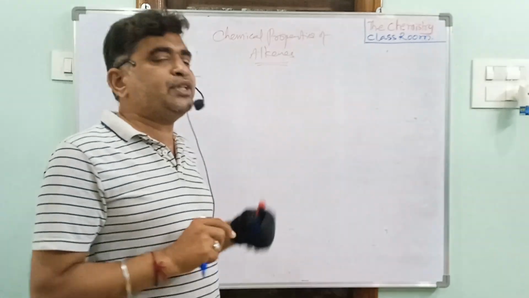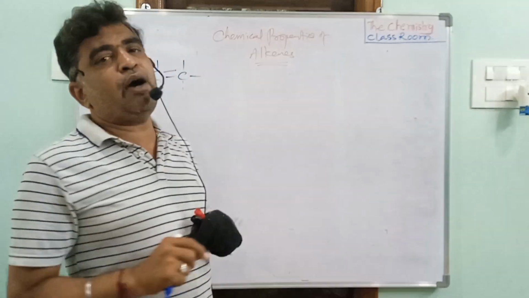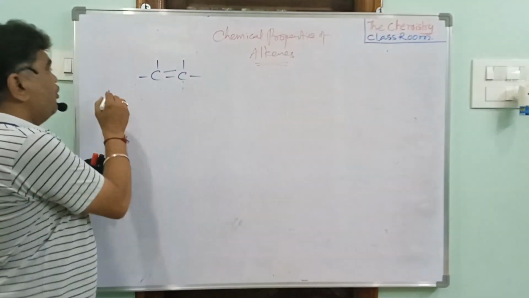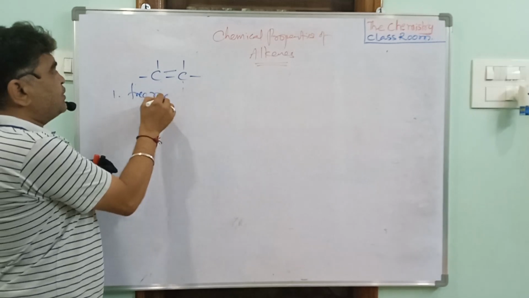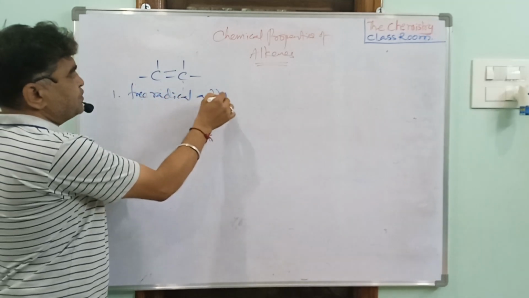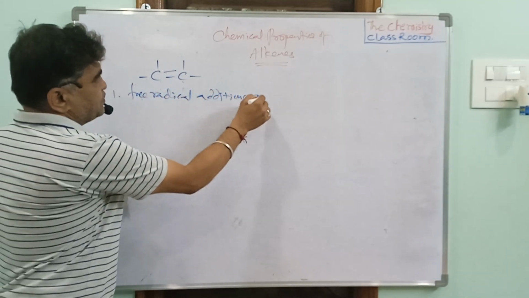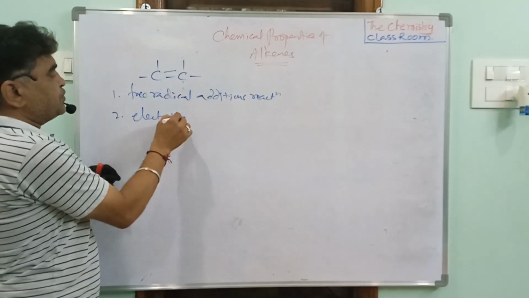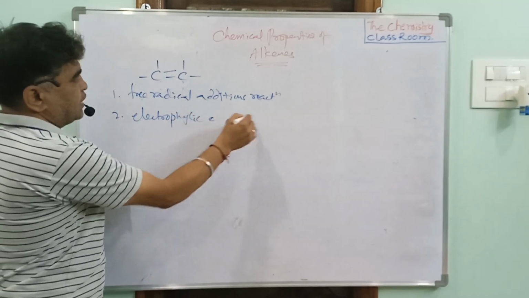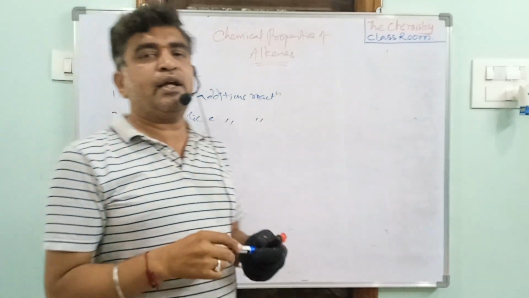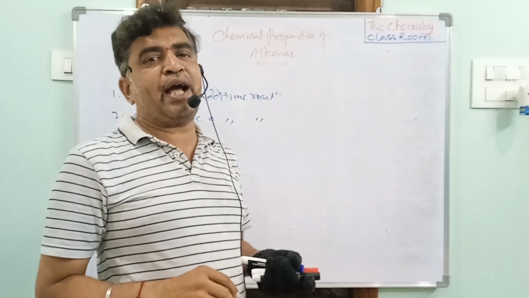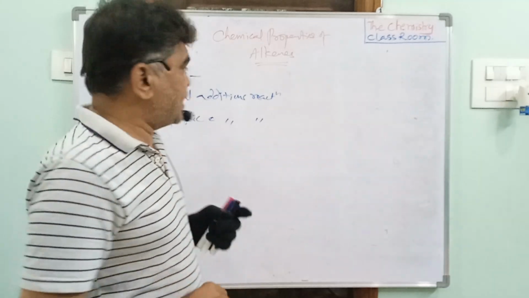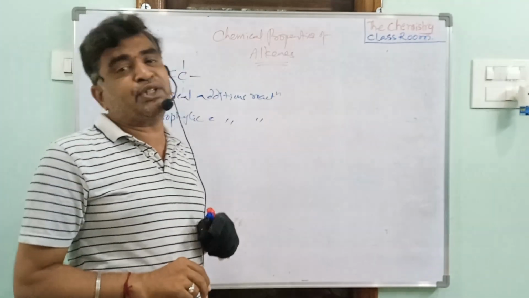Generally, the alkene compounds undergo two types of addition reactions. The one is called free radical addition reaction. The second is called electrophilic addition reaction.